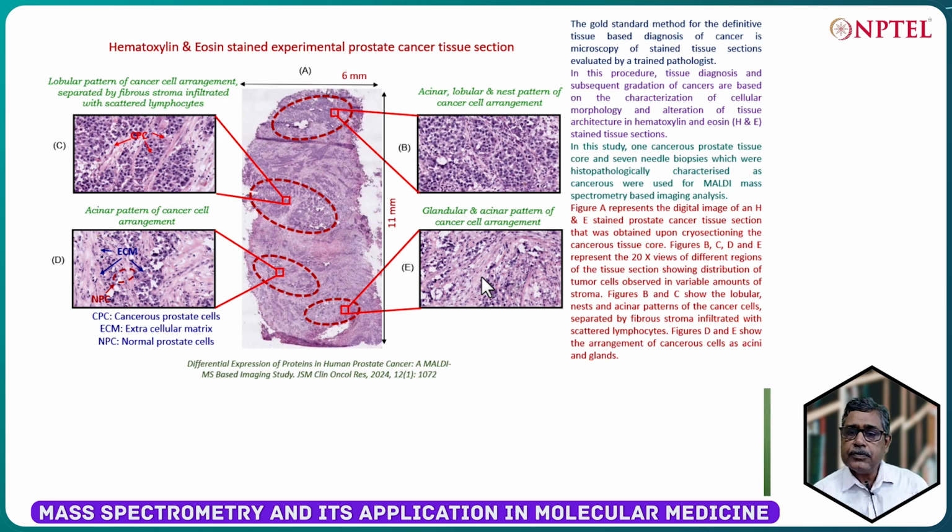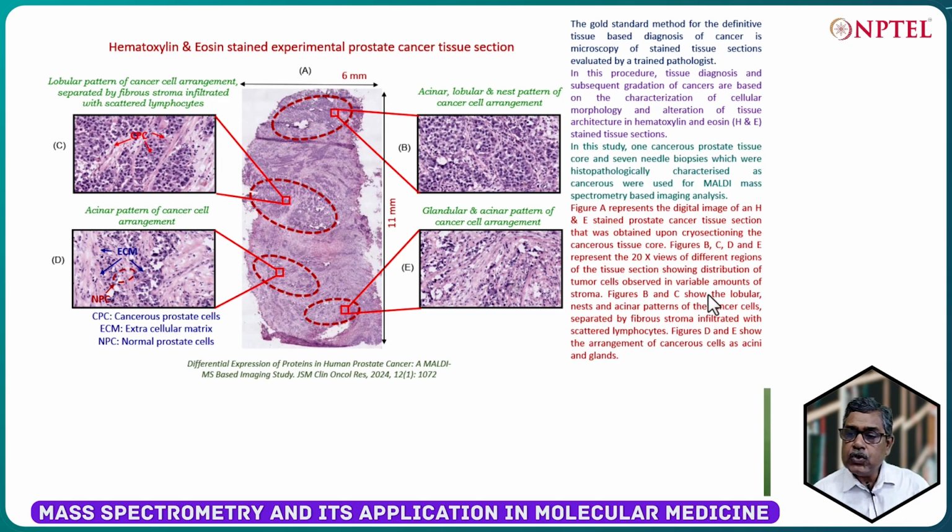So this figure basically represents the digital image of an H&E stained prostate cancer tissue section that was obtained after cryosection of a cancer tissue core. A is the total tissue, and B, C, D and E are 4 panels representing 20x views of different regions of the tissue section, showing distribution of tumor cells observed in a variable amount of stroma.